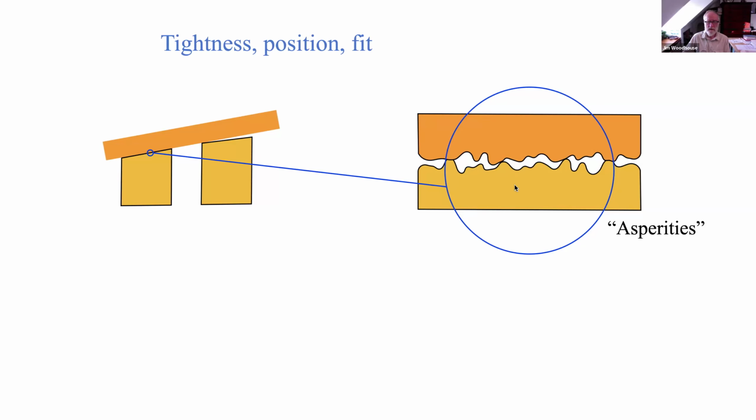They might be to do with wood grain, they might be to do with tool marks from how you carved the thing. But one way or another, the surface, when you look closely at it, is not really flat. And that's going to be really important.